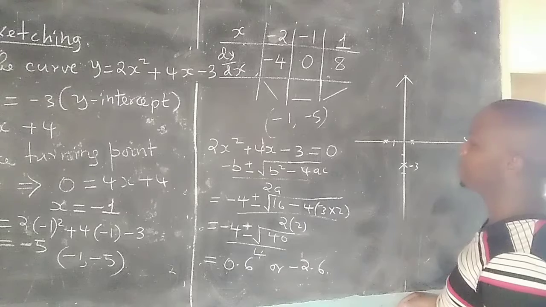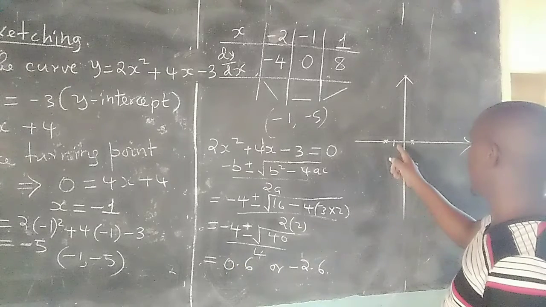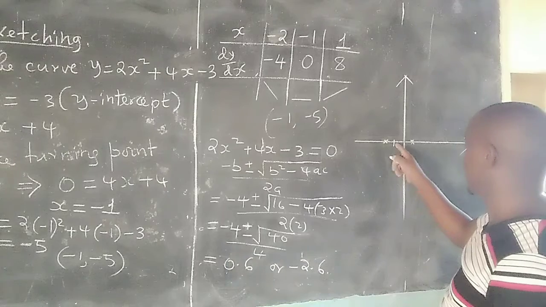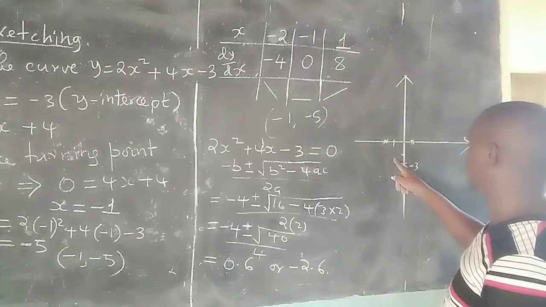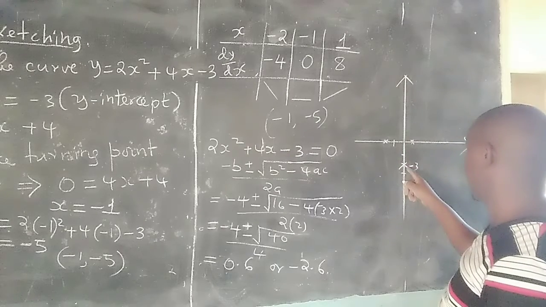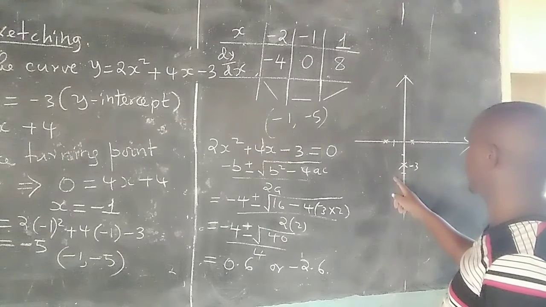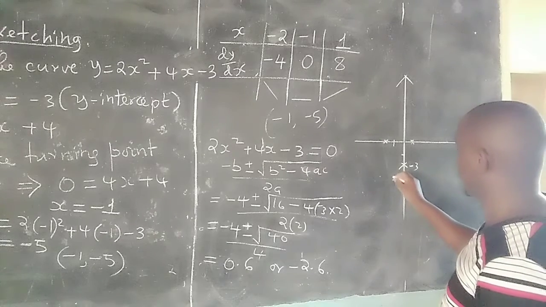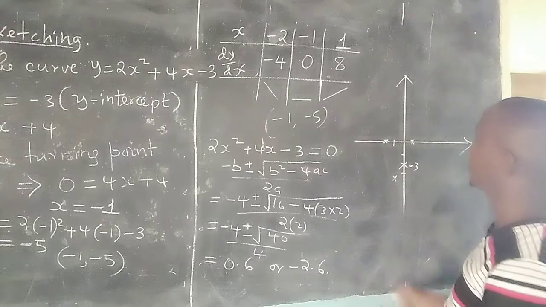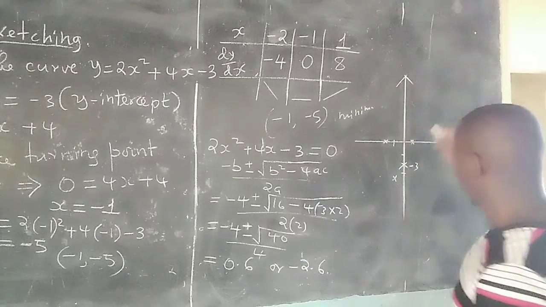Then again we have the turning point, negative 1, negative 5, a point here. The turning point we say is a minimum, so it behaves like this.